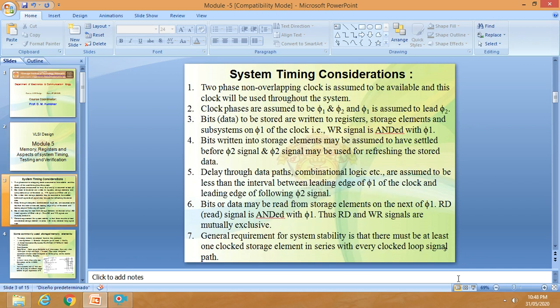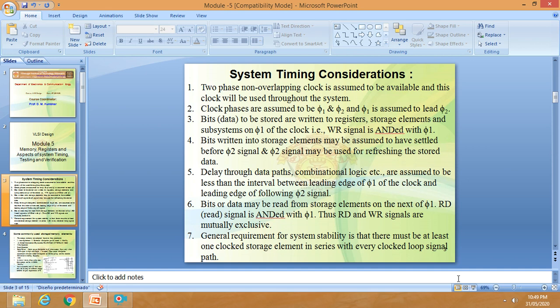In this unit we are going to study memories, and in this case different memory cells. We will study the 3 transistor dynamic cell, then the 1 transistor dynamic cell, then pseudostatic RAM.